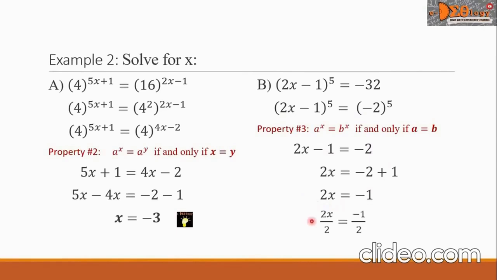So we have now 2x over 2 equals negative 1 over 2. And we will cancel the coefficient of x and the divisor 2. So only x comes down, and this is equal to negative 1 over 2. This is our final answer.